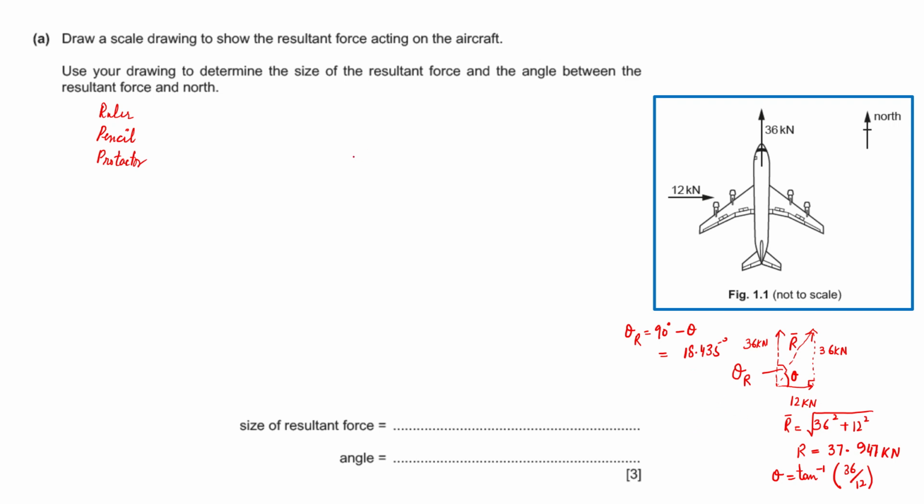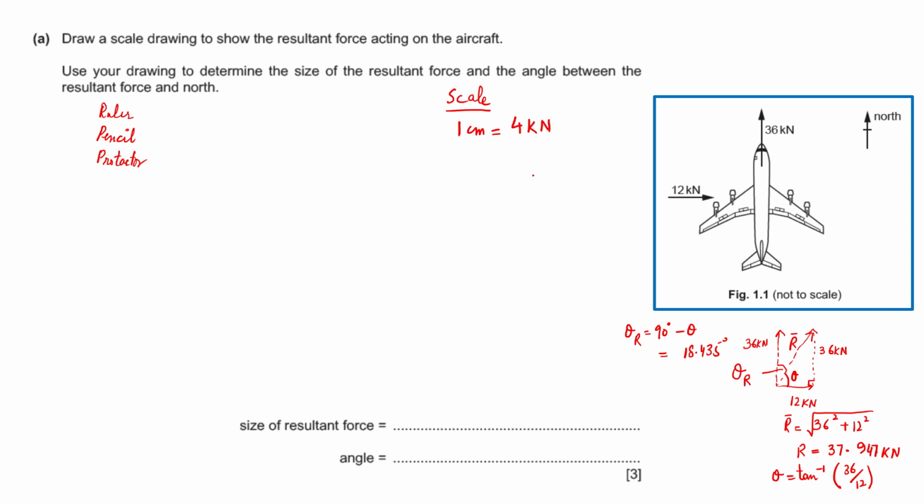So this is the mathematical way of solving it. But here we have to use ruler, pencil, and protractor to actually draw these vectors to scale and find out the resultant force. First of all, we define a scale. That is very important. A good scale to use is 1 centimeter on your ruler representing 4 kilonewtons.